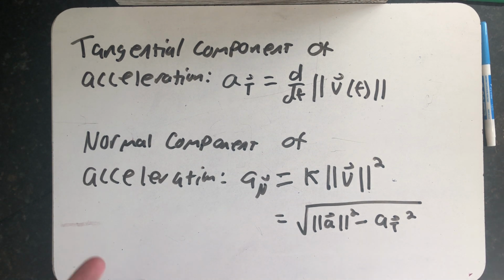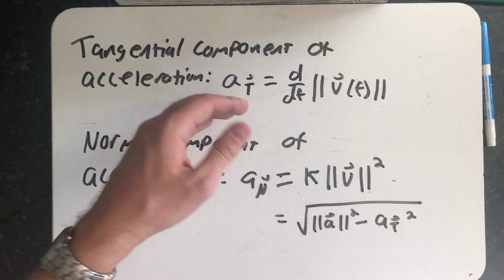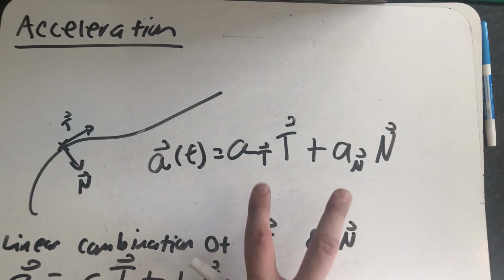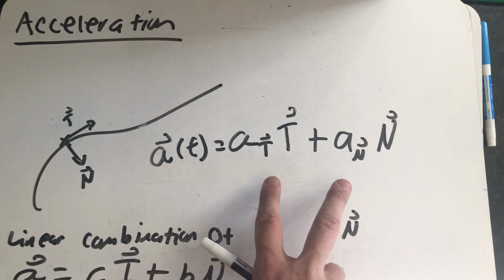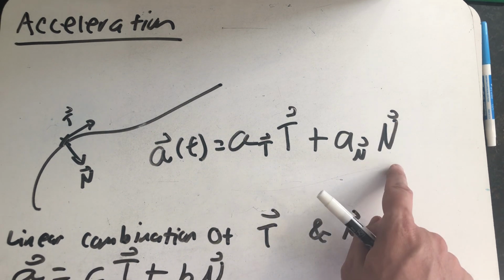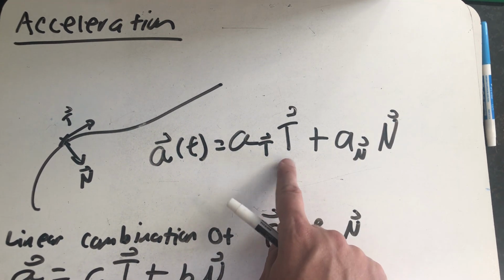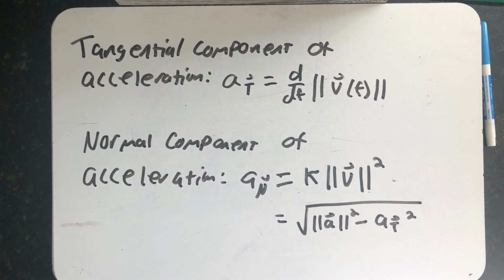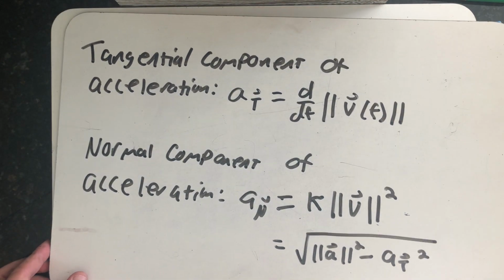So let's take an example and see if we can calculate the tangential and normal components of acceleration. And then I want to express the acceleration vector in the format listed here, where I'm going to write it down as a vector in terms of big T and big N. I'm not actually going to calculate T or N. I'm going to use these as symbols, right? Because there's a tangential and a normal direction.